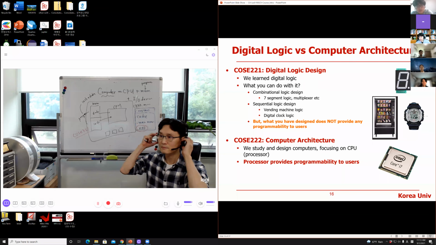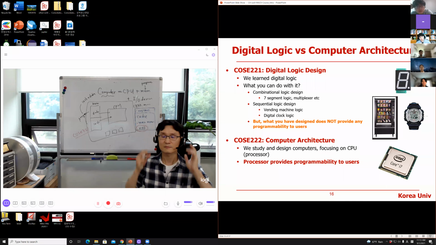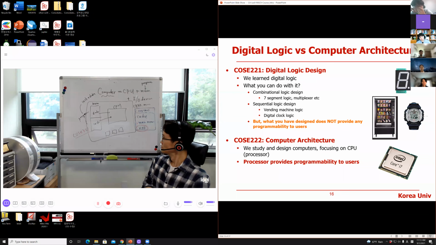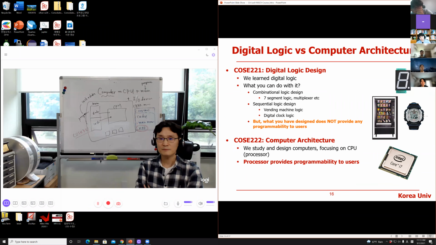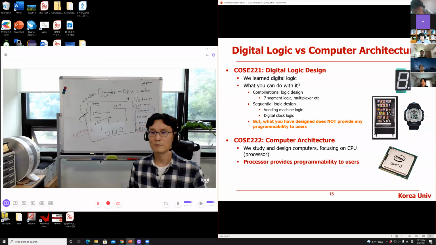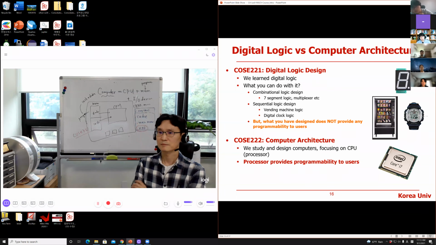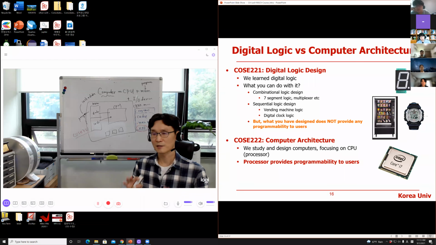What you have designed does not provide any programmability to users. In this lecture, computer architecture, we study and design computers, focusing on the CPU, and the processor provides programmability to users.